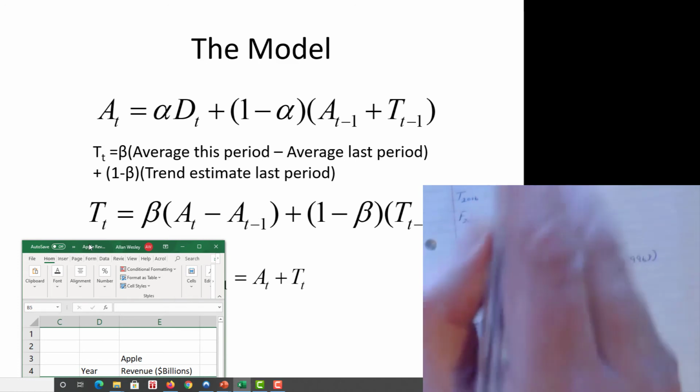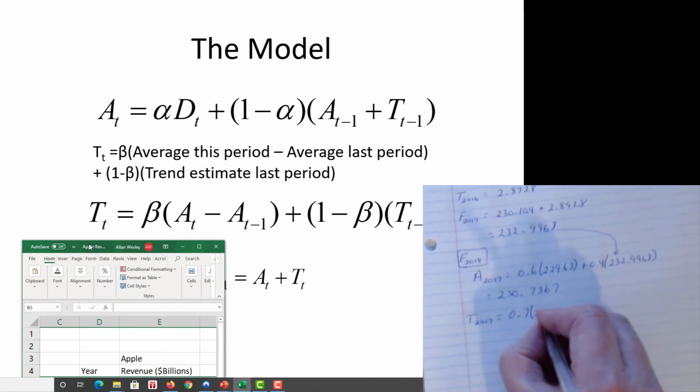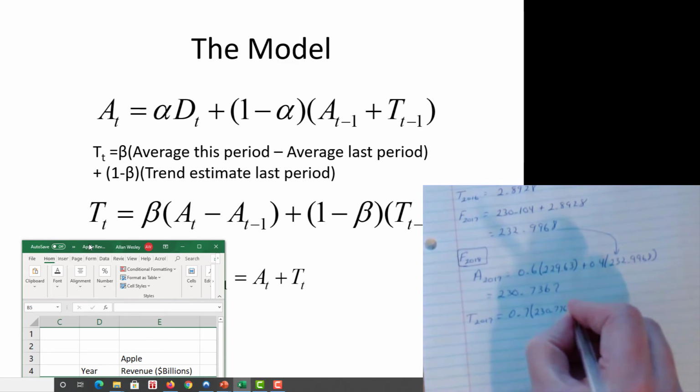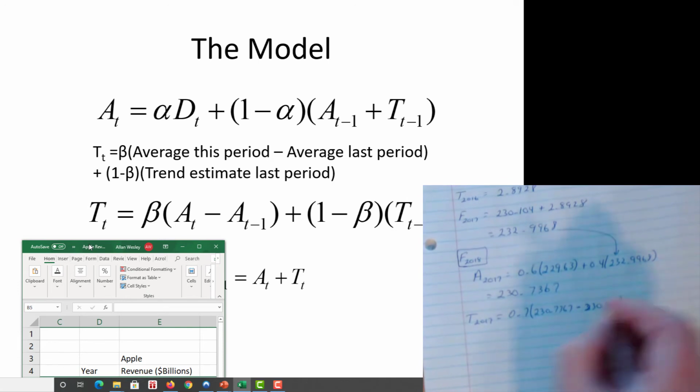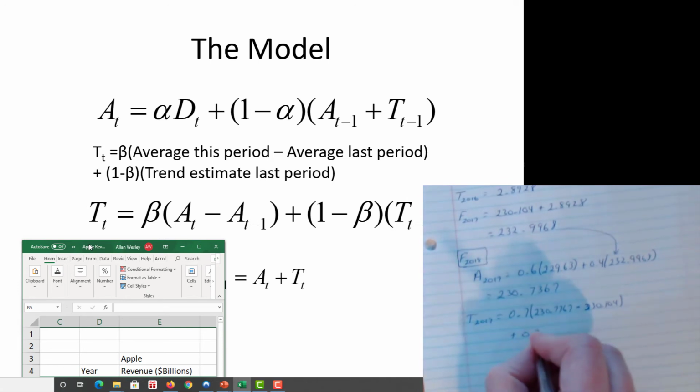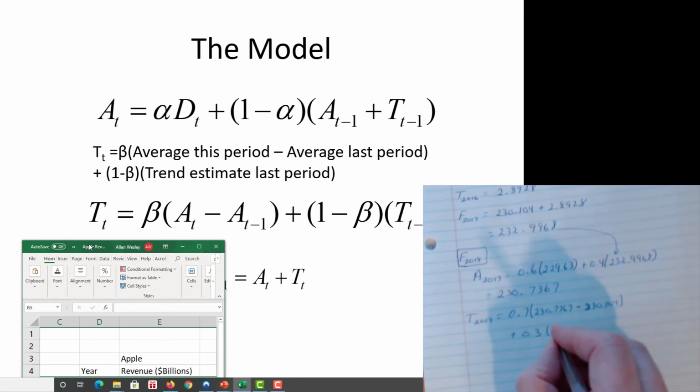The trend for 2017: smoothing constant of 0.7 times the difference between the average in 2017 and the average in 2016, so 230.7367 minus 230.104, plus 0.3 times the previous trend of 2.8928.